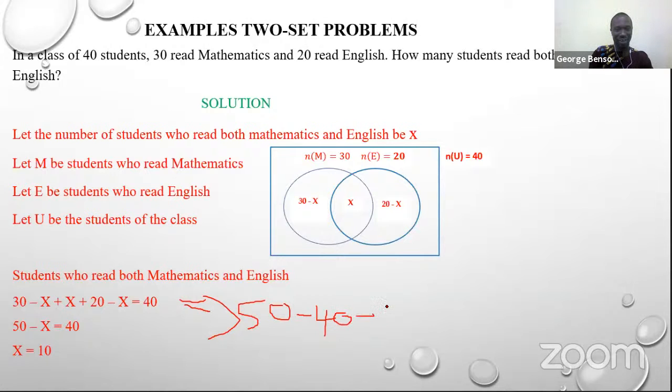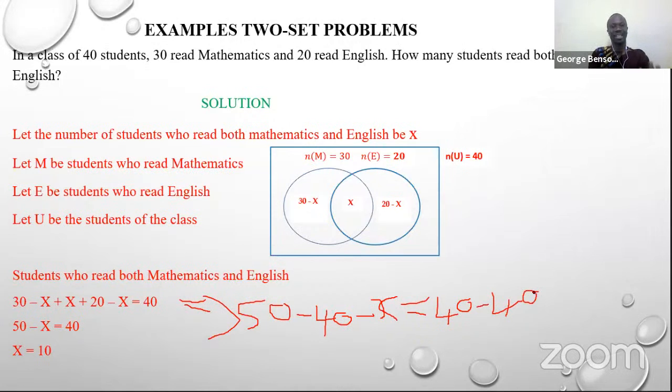Then minus x will be equal to 40 minus 40.